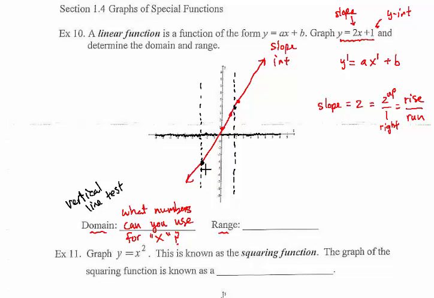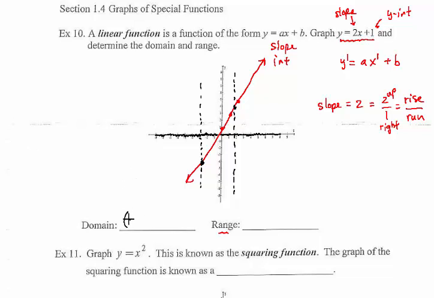And so what you see here is that there's really no place that we can draw a vertical line on the x-axis and not hit our red line here, our function. So that's sort of the logic that you go through when you're trying to figure out what the domain of a function is.